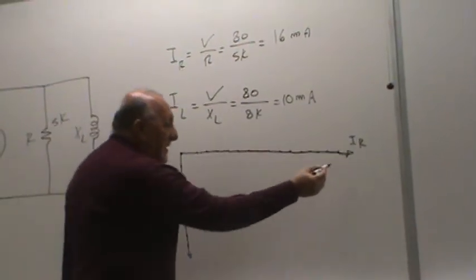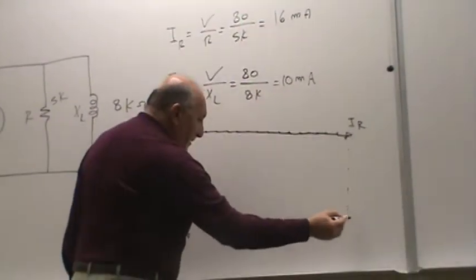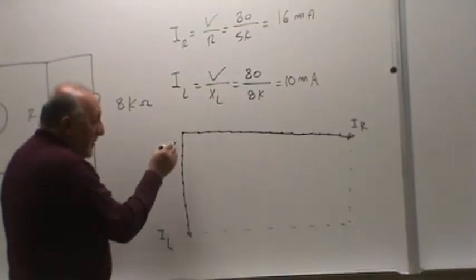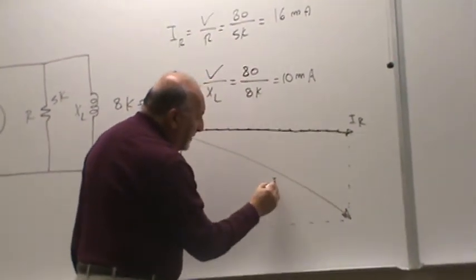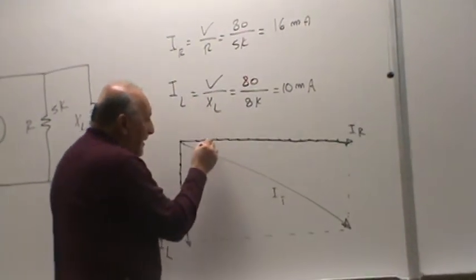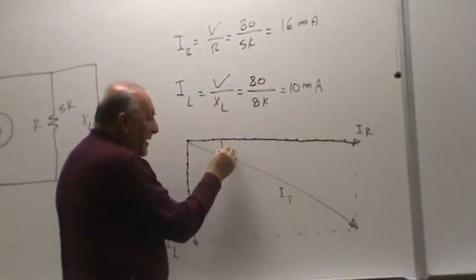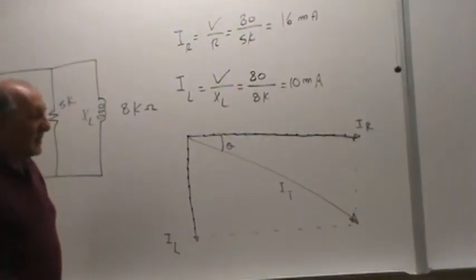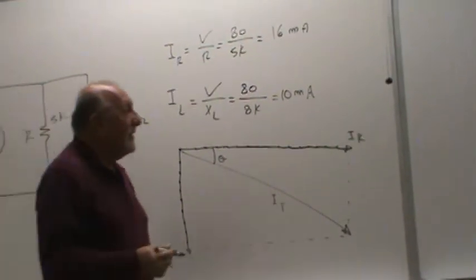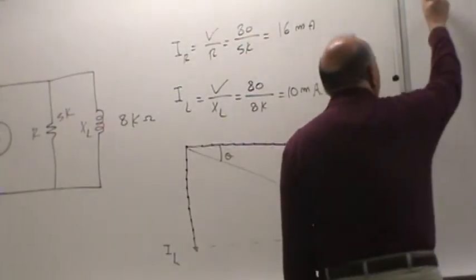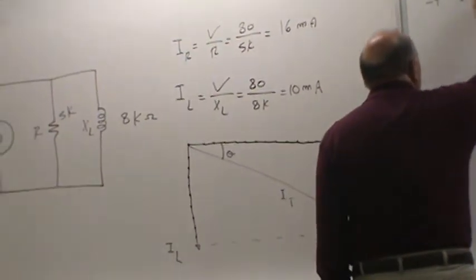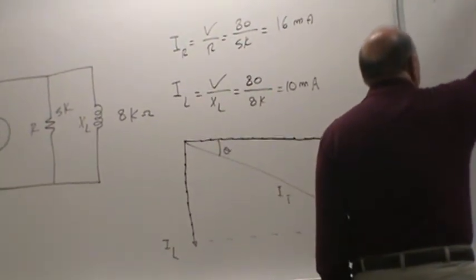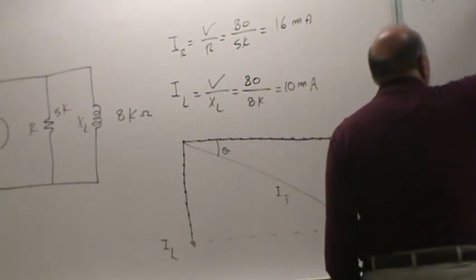So now I'm finding I total. Notice the phase angle is also going to be negative. Now it's going to be a vector sum. I total is equal to the square root of I sub R squared plus I sub L squared.